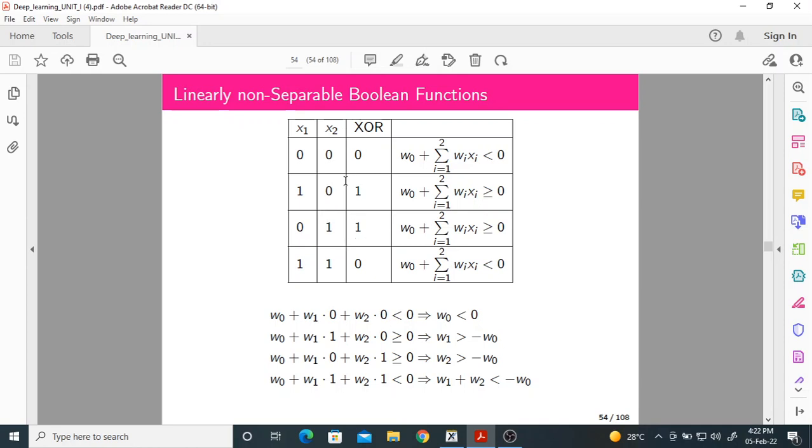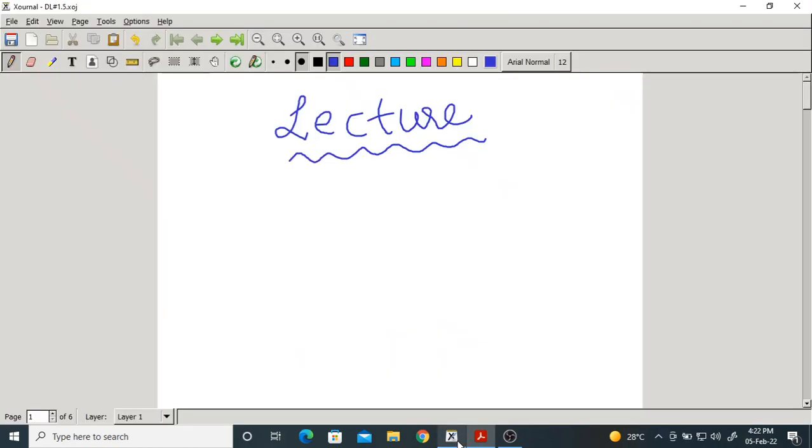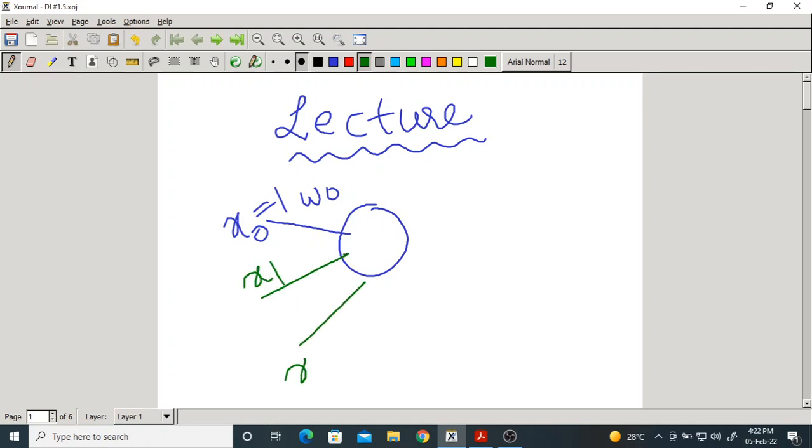Now, you know already that in a single layer Perceptron we have a weighted sum. This is x0, which is always 1, with weight w0. It is also called bias. W0 equal to minus theta, that is bias. And the inputs are x1, x2 with weights w1 and w2.